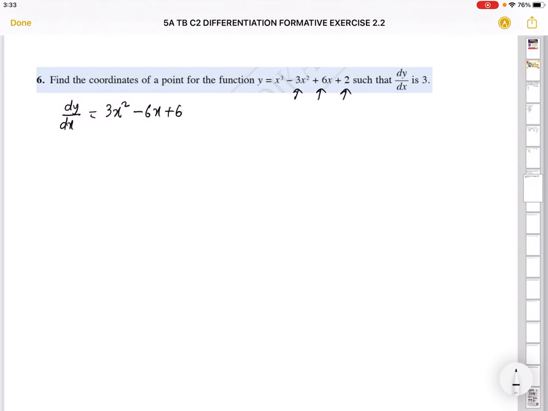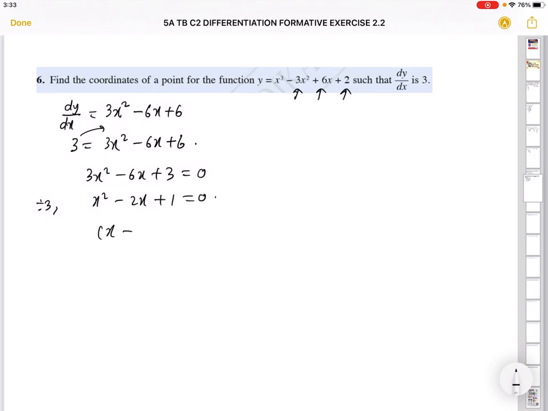Now my dy/dx is 3. So just sub inside here. We can rearrange. I'll bring this over. So 3x^2 - 6x + 3, 6 minus 3 is 3. Let it be 0. Just divide everybody by 3 to make the numbers smaller. So what we can do is factorize this. Now notice that this is in the form of a^2 + 2ab + b^2.